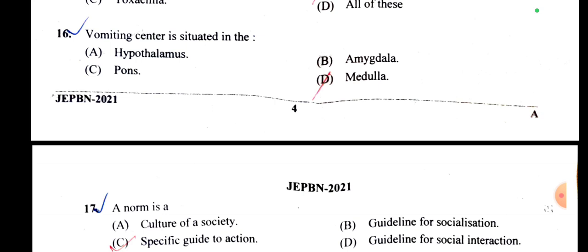Pons relays sensory information to cerebellum. Pons connects forebrain to hindbrain. And pons regulates breathing, and pons involved in control of sleep cycles. So the vomiting center is situated in the medulla.